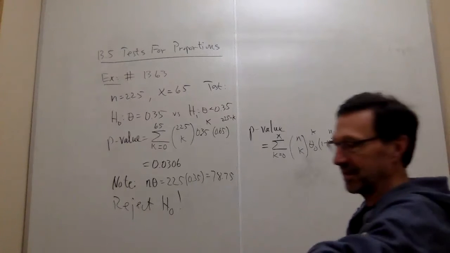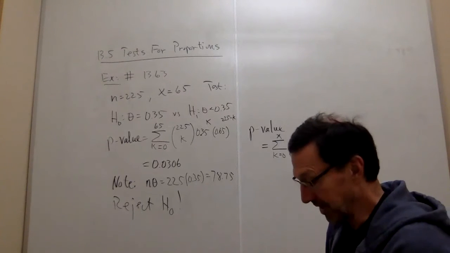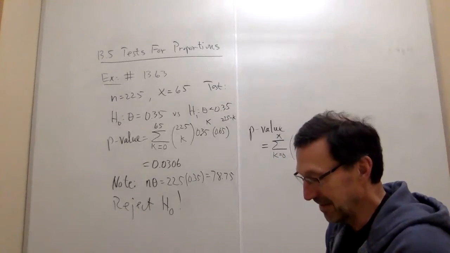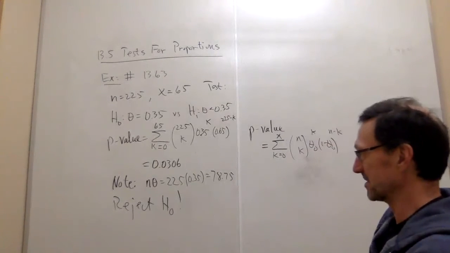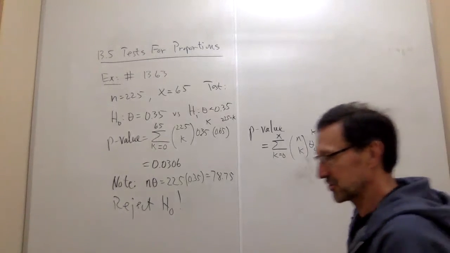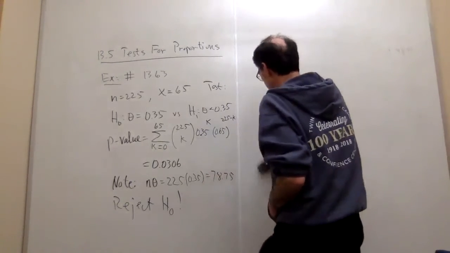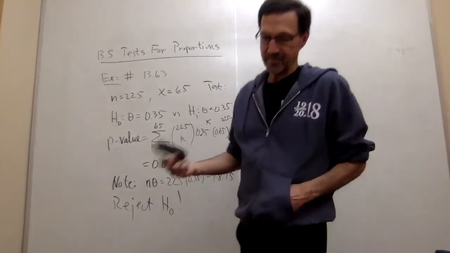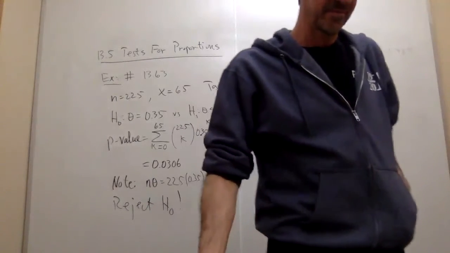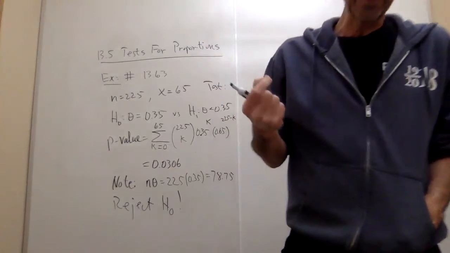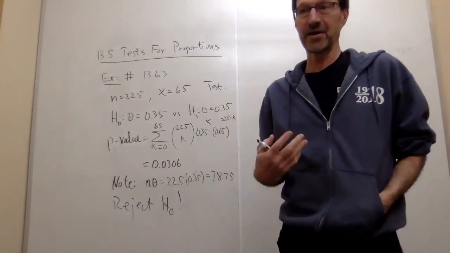Now, let me show you the way that this would have been done when I was a statistics student, and up to, not that long ago, maybe 15, 20 years. And this is the way the book shows us. And that is, as we know, for certain conditions, I think our conditions were dependent upon the expected number of successes and failures.